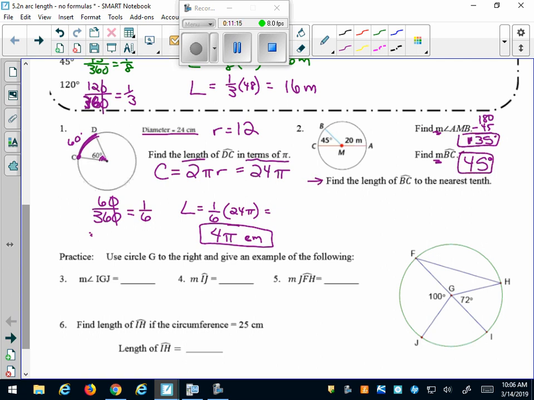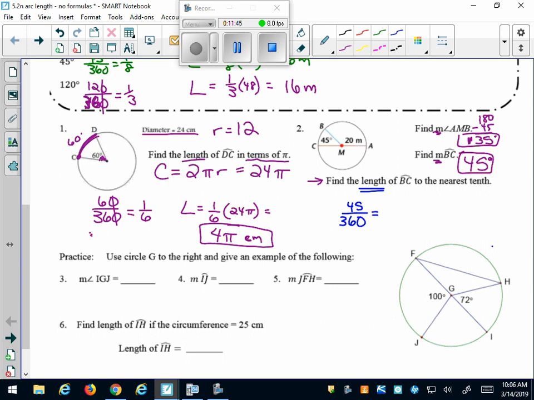All right, now they're asking us, find the length of arc BC. Length. Now is when we need to do that fractional part of the circumference. How far is it all the way around? What's the fractional part of that distance? Okay, so if BC is 45 degrees, we're going to do 45 out of 360.